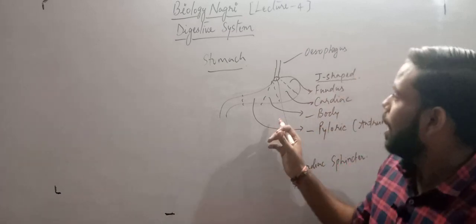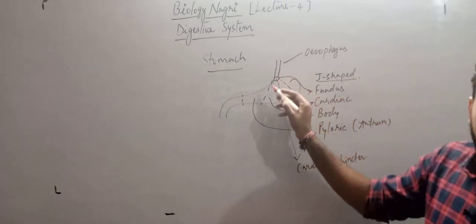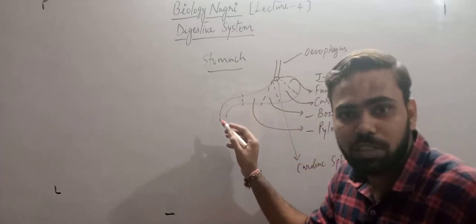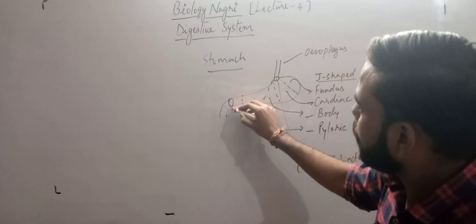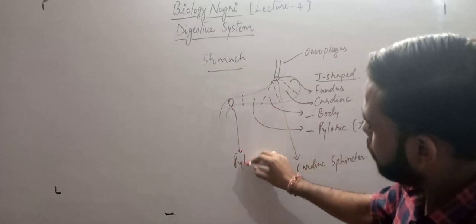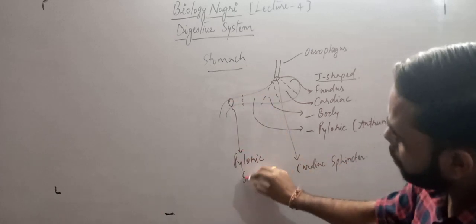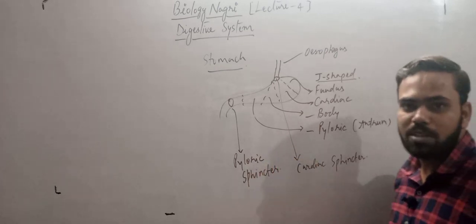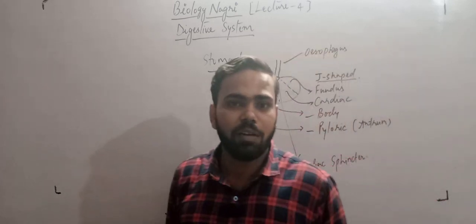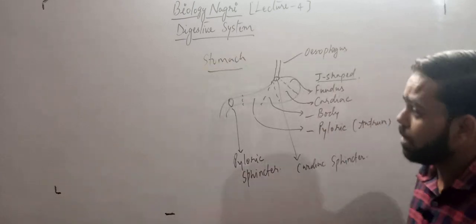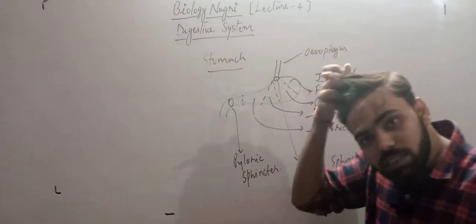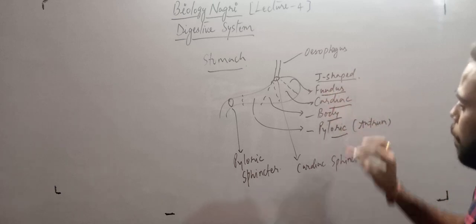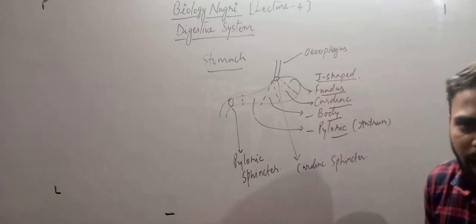Just like the cardiac sphincter, there is also a sphincter present at the last portion of the stomach, called the pyloric sphincter, which is also named after a part of the stomach. The pyloric part is also known as antrum.